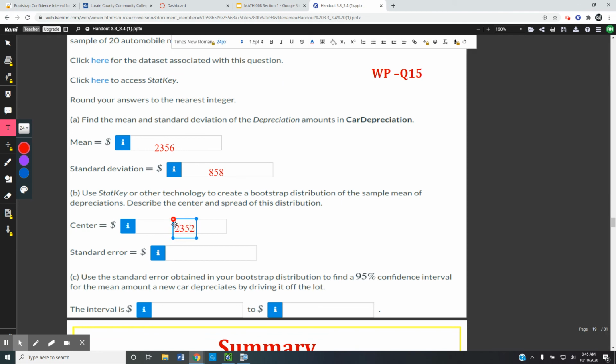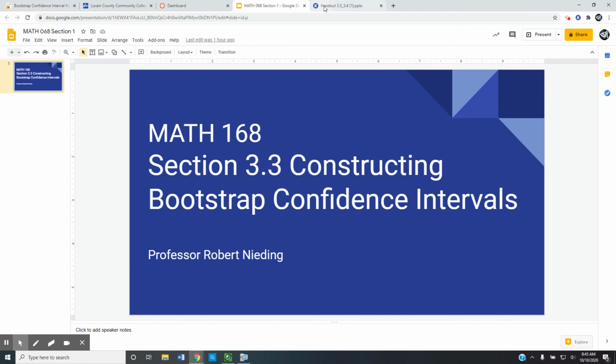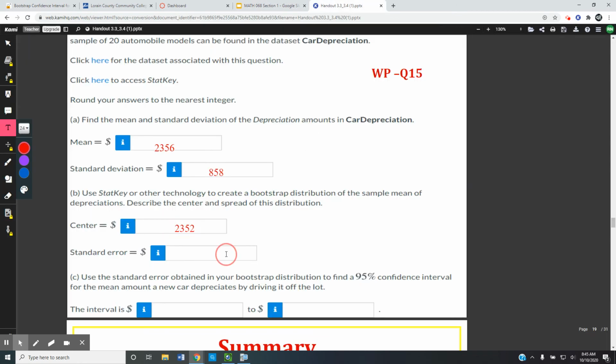So for me, I'm going to write down, because I like 10,000 better than that, 2,352. Now, we know we have a plus or minus to this number when you're entering yours, because yours could be different. You could be running it right now, and yours says 2,353. It's okay. It'll be all right. Now, because of my 2,352, I have a standard error of 188, because I'm going to round up to 188.